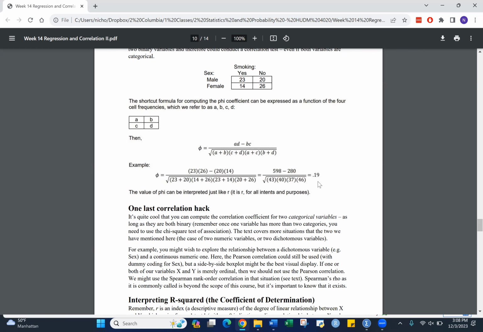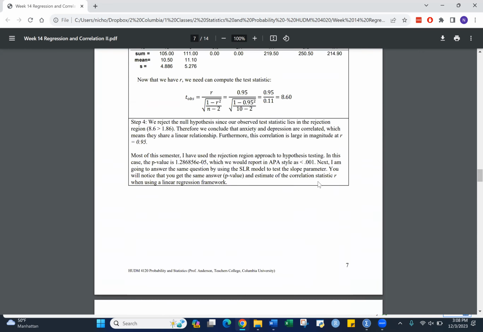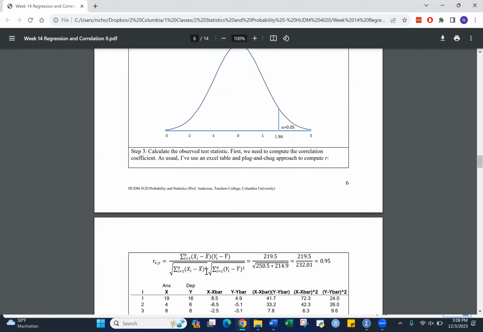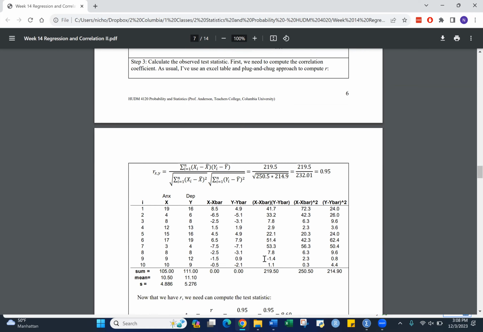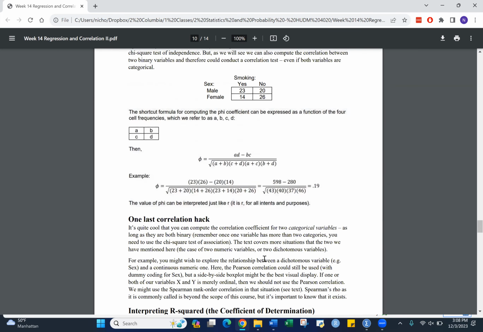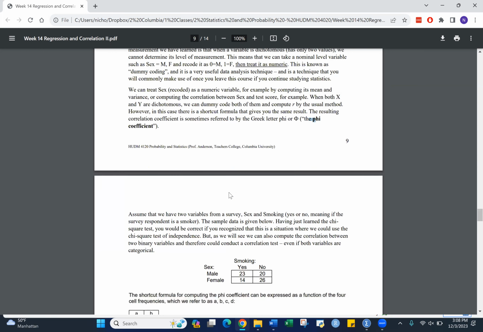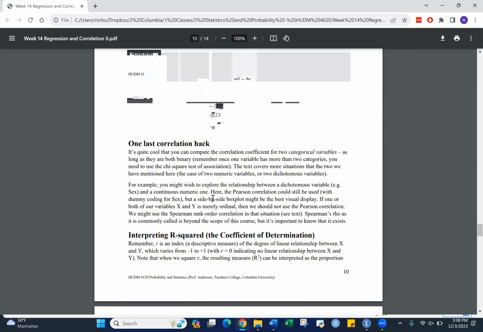So that 0.19, you would get the same 0.19 within rounding error as if you use this formula. It's just with the phi, instead of going through all this, you can just use the A, B, C, and D little shortcut hacks. And your correlation is going to be interpreted just like R. So that's hack number 1, called the phi correlation for two categorical binary variables.